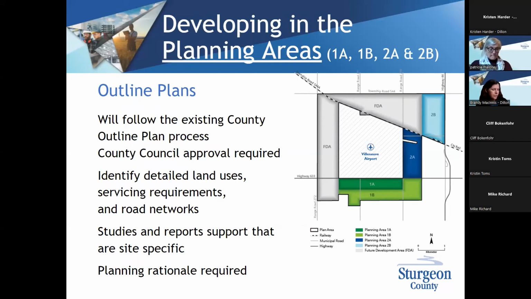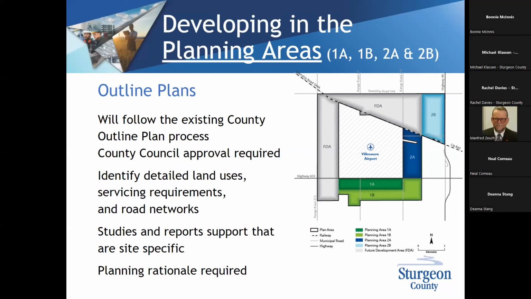What I want to do now is get into development within the planning areas. So we'll start with the planning areas, which are identified on the map as 1A, 1B, 2A, and 2B. And ultimately, those outline plans, this is when the development that is in the development concepts that you've seen, or some more significant development where an outline plan is required, will follow the existing county outline plan process, and county council approval will be required.